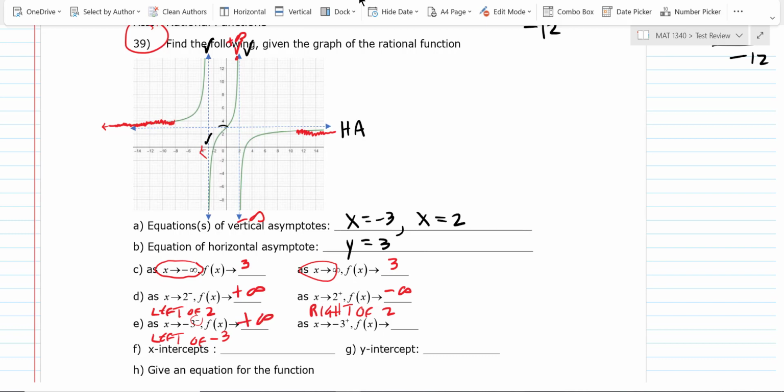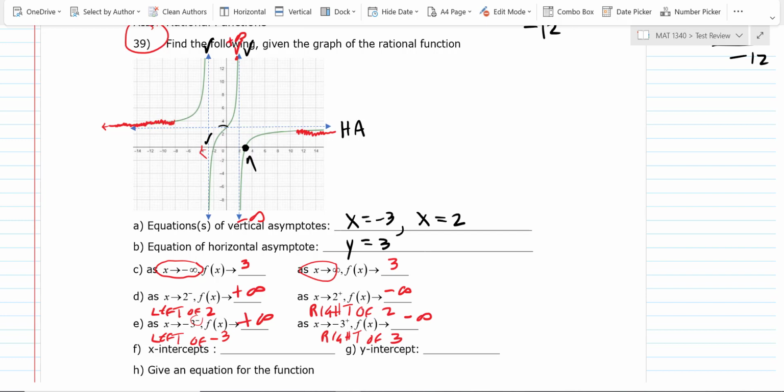Okay, and then the last thing here is if you're barely to the right of 3, where's the graph going? It's going down. Okay, so that's negative infinity, like that. So that's just knowledge of what that arrow and what infinity and all those things mean. That's graphical interpretation stuff.